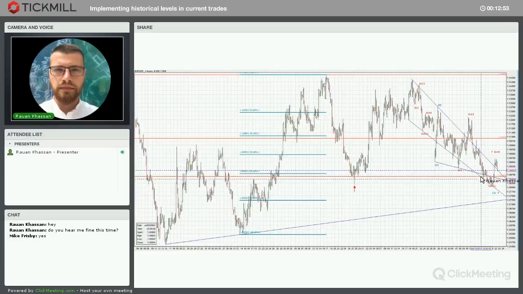Again, it appeared as a valid static support level just recently on 16th of July. We have seen that price has developed a little bit more below this level, the current low of 1.0803.